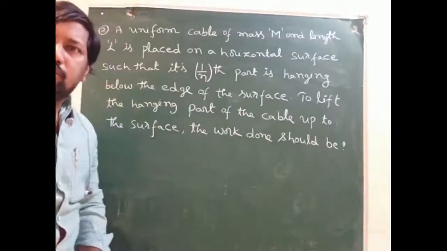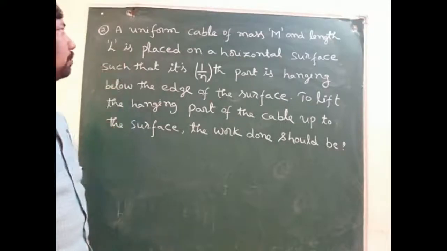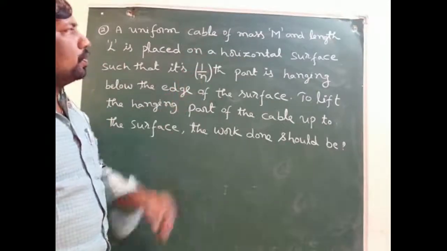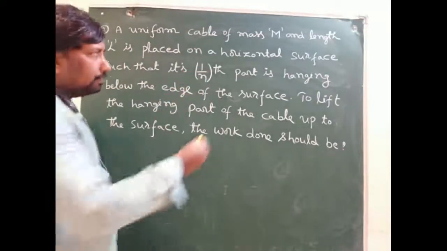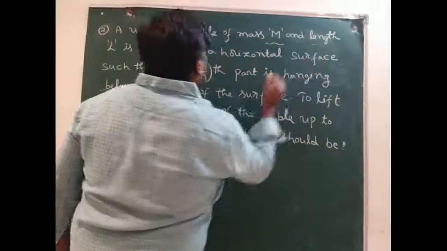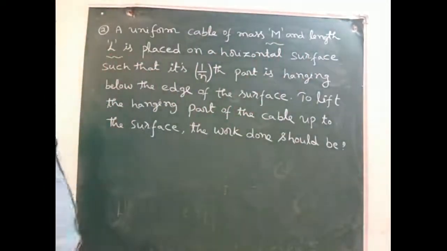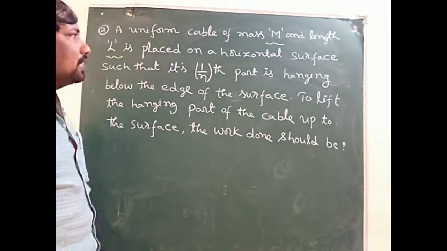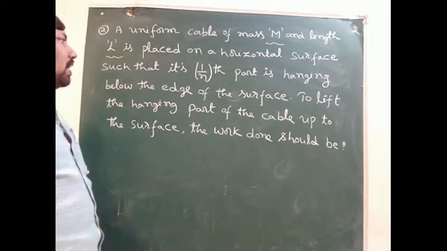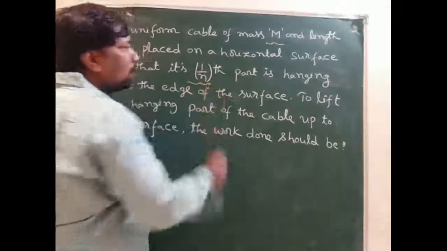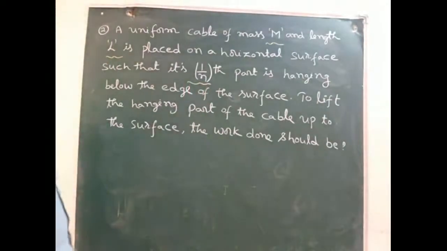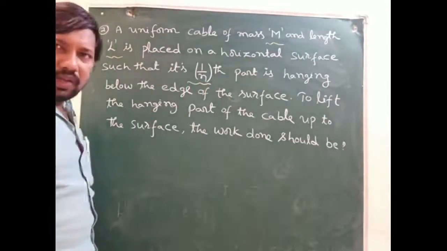Next, problem number 2. In this problem, a uniform cable of mass capital M and length capital L is placed on a horizontal surface such that its 1 by nth part is hanging below the edge of the surface.